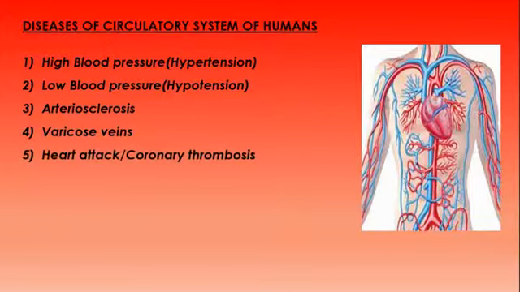Then we have heart attack or coronary thrombosis. Heart attack occurs when blood fails to reach the heart due to a blockade. You have stroke. Stroke also happens when supply of blood is cut off from reaching the brain.